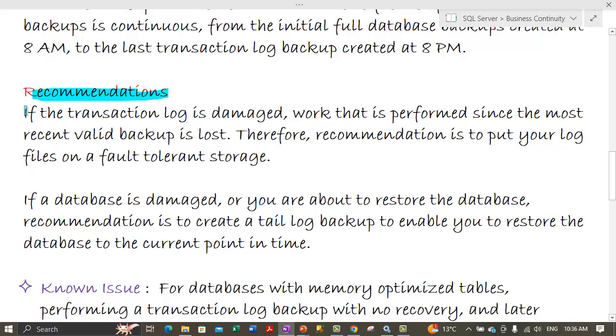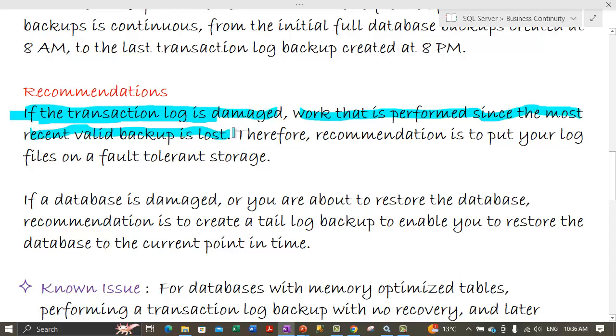If the transaction log gets damaged, work that is performed since the most recent valid backup is lost. Any work done after the most recent backup of the transaction log, we will lose.